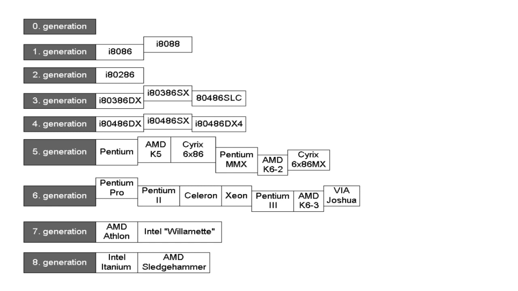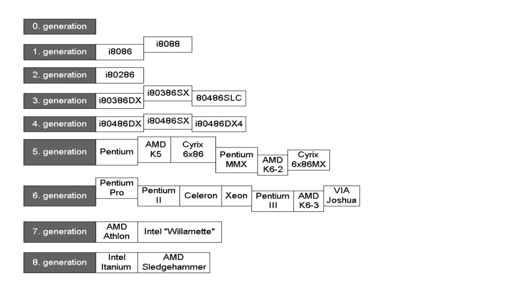Now we can see something more. The first generation microprocessors are like 8086 and 8088, then the second generation is 80286, the third generation is 80386, and 80386 SX, SLC, and so on. Then fourth generation, fifth generation.